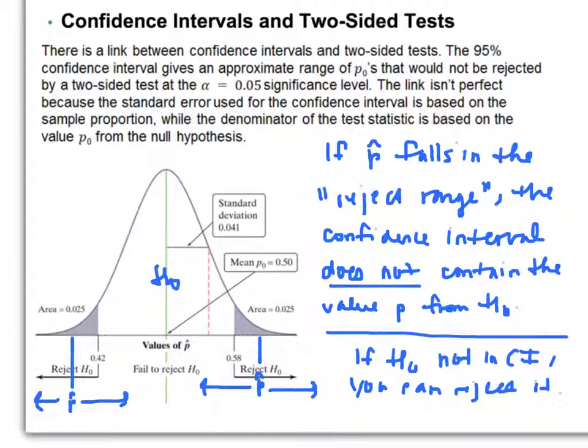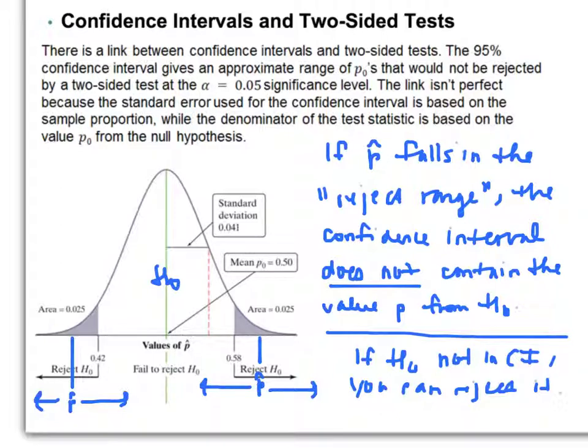Okay, so that's it. You know how to compute a two-sided significance test, and you know how two-sided tests are linked with confidence intervals. If you compute the confidence interval and you do contain the null, then the null is plausible and you would fail to reject.